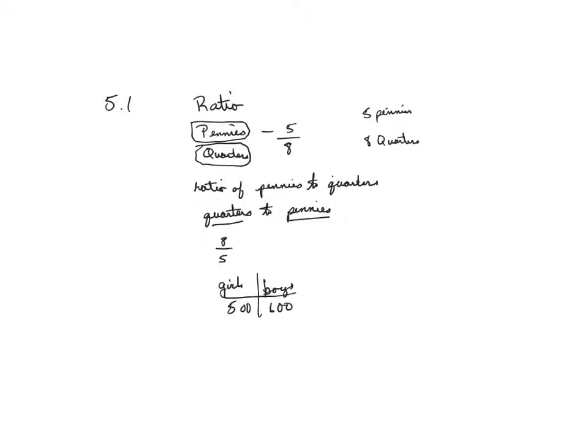Then what's the ratio of boys to girls? The ratio of boys to girls. So we got boys on top, girls on the bottom. So it's 600 over 500, which is equal to 6 over 5. So you would reduce to the smallest number possible, if that makes sense.